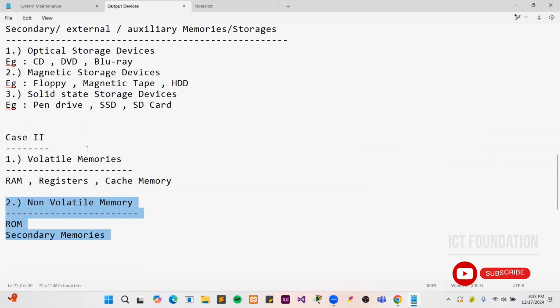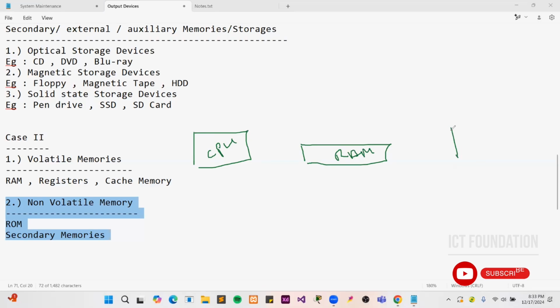But we also have to memorize the hierarchy. In the previous class I also drew this diagram. The CPU is the processor, after that we have the RAM, and after that the hard disk. Between the CPU and the RAM we have a memory called cache memory, and within the CPU we have a memory called registers.